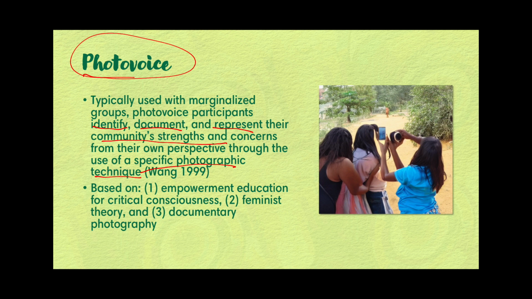This was conceived by Wang in 1999, and they also have a partner called Burris. Basically, the target of Photovoice are vulnerable populations, usually populations who are minoritized. And some would even argue that Photovoice should also be community-based, right?